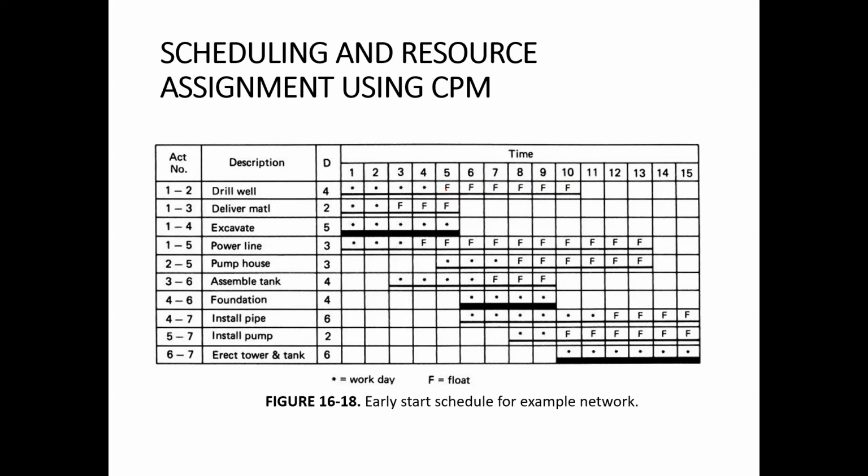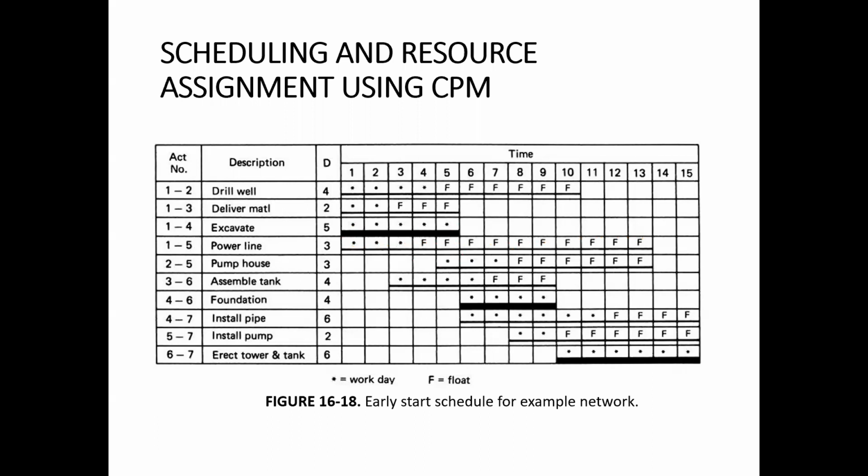Similarly, for deliver material, there are 2 days of work first, and then there is a float available. For excavate, there is no float because that was the critical activity. And the power line has only 3 weeks of work, and the remainder is float.